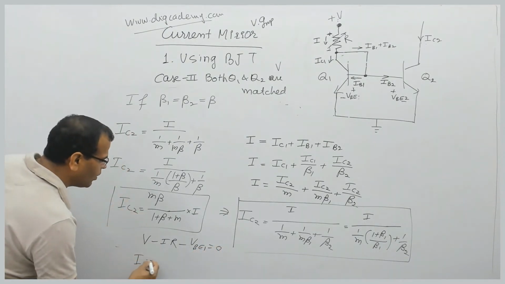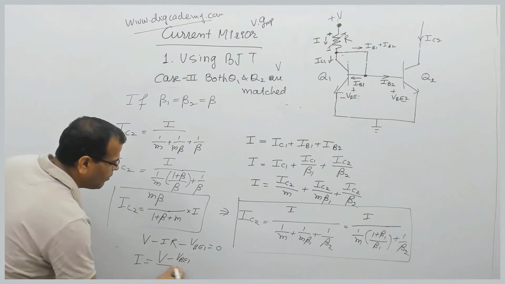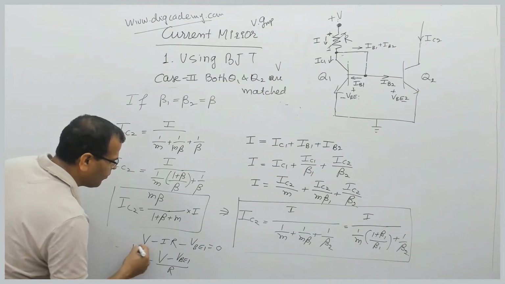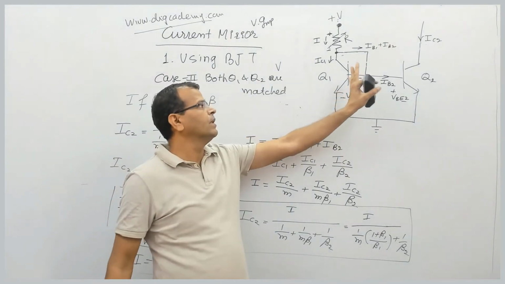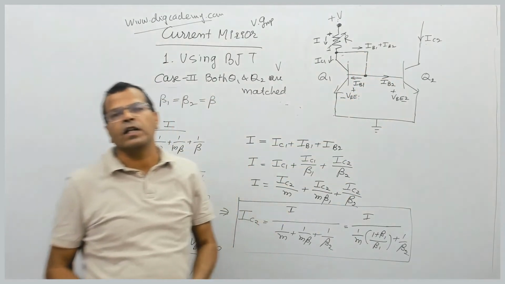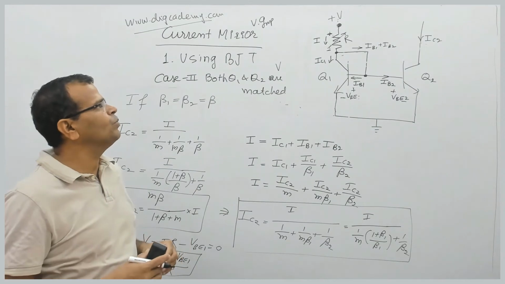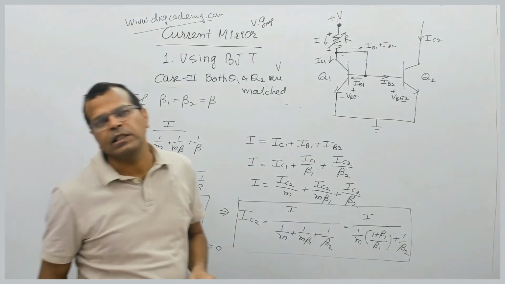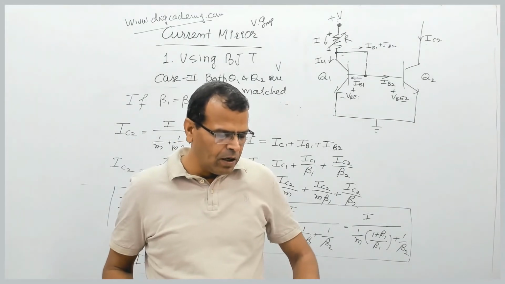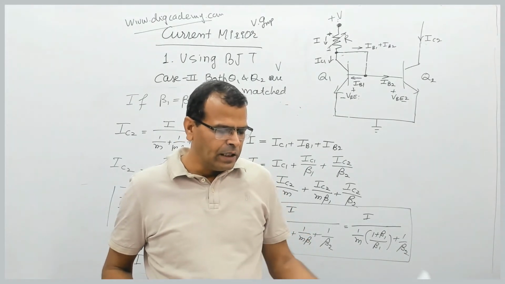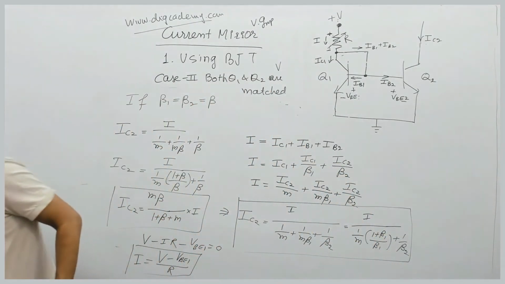So I will be equal to V minus VBE1 divided by R. So I can find the collector current of transistor Q2. Fine. So that is how we have to proceed when both transistors are not matched. So there can be a numerical question based on this particular circuit. We can take one simple example based on this.